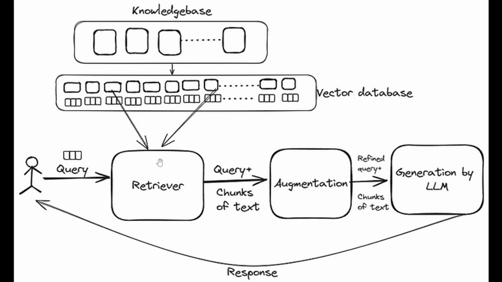So this retriever sends a query to that particular database and fetches all the text which is similar to that question, right? And then this question and all of the text which is related to this question is sent to the LLM. Now, what does that LLM do?